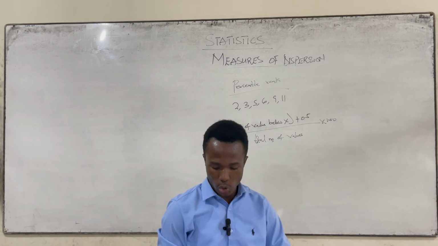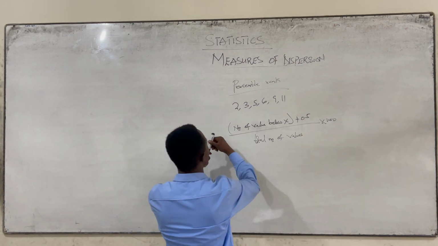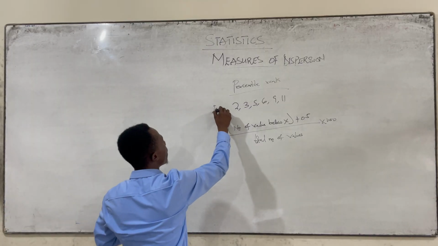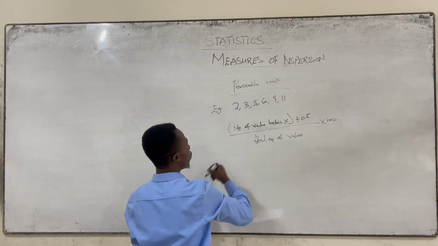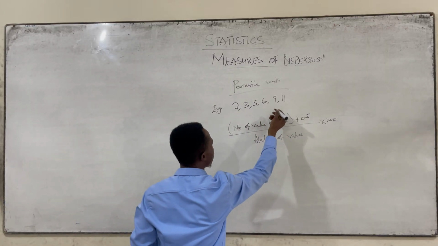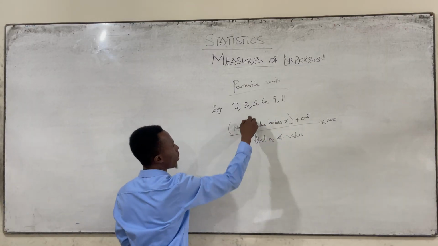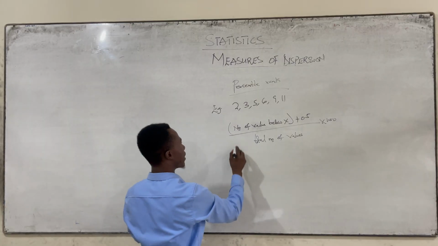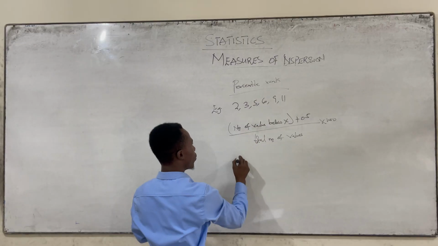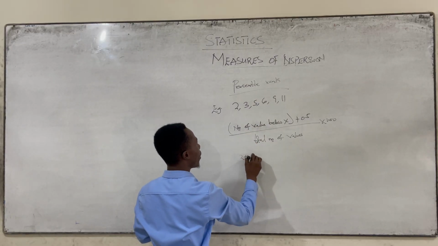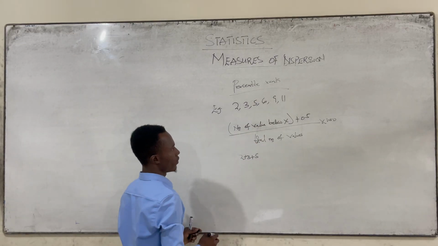So that is it. So here, assuming as an example you are being asked to calculate the percentile rank of 6. What are you going to do? We are going to first sum everything before x, these three numbers, that is 2 plus 3 plus 5, right?